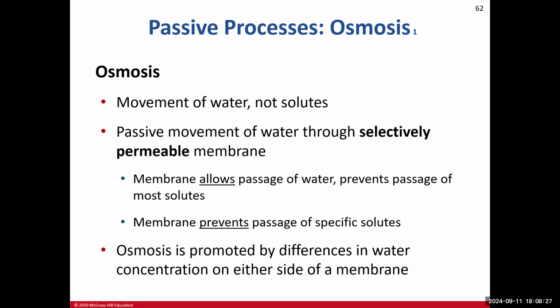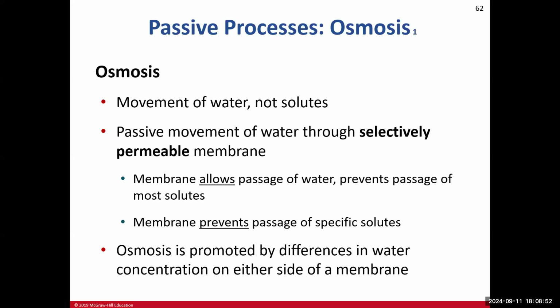So as long as you're small and nonpolar, you can diffuse right through the plasma membrane as long as there's a concentration gradient, which means there's more of something on one side of the cell membrane and less of that same something on the other side. Because remember, nature loves equilibrium, it loves balance. Right? So that's what it's trying to achieve.